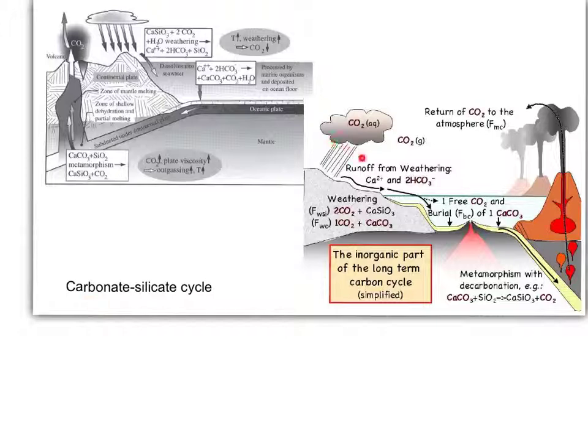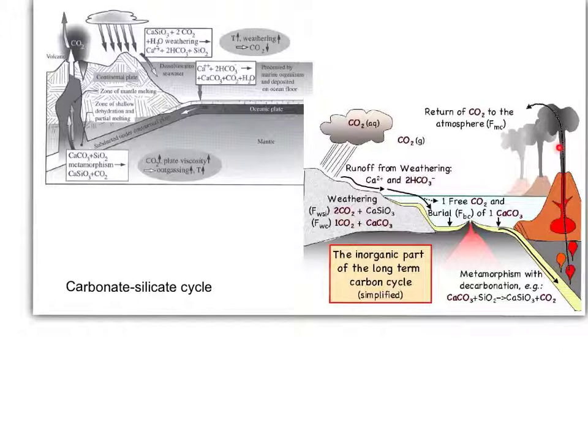We have, of course, the carbon dioxide that's in the atmosphere, and that carbon cycles through a number of different components, including carbon dioxide that's in the ocean, carbon that is eventually buried in geological sediments, and then released back out to the atmosphere.